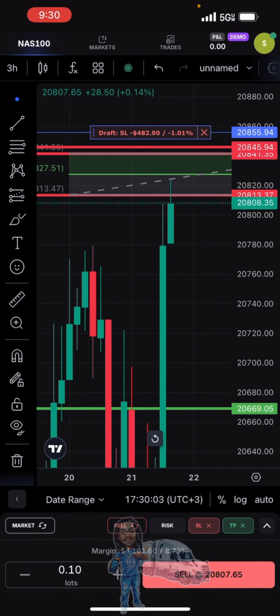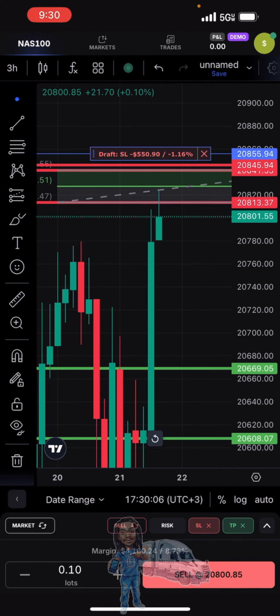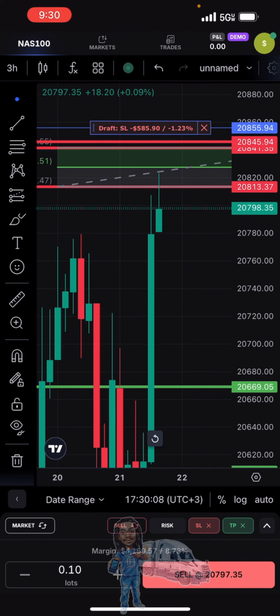Okay, so the market just opened up. I'm hoping that it doesn't just sell off without me. I want to see it at least go back up there and hit that midpoint.